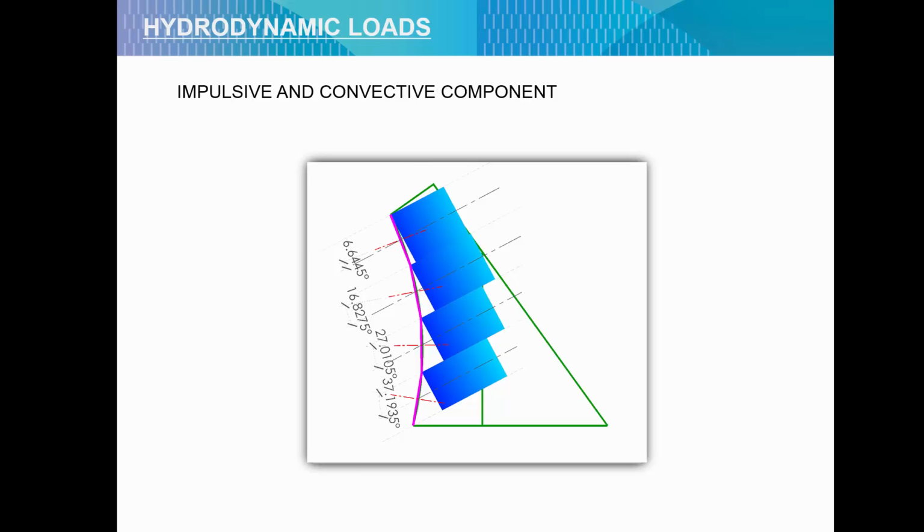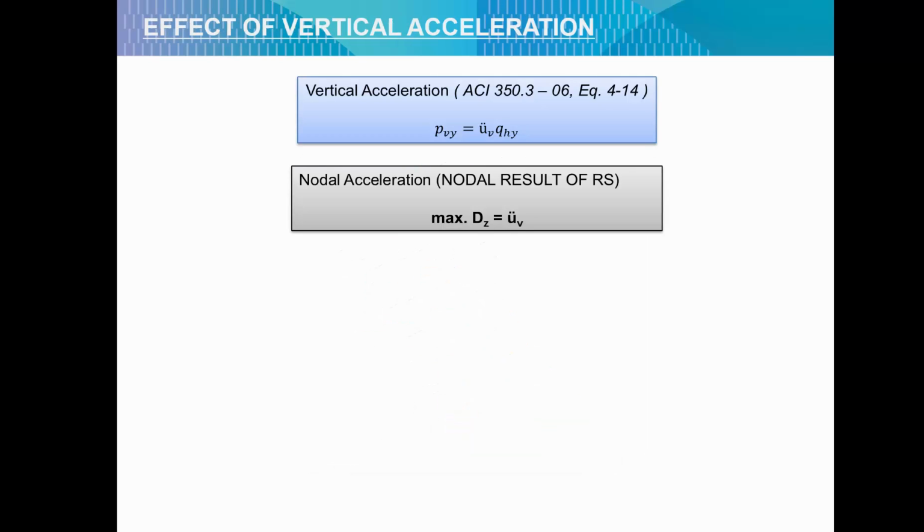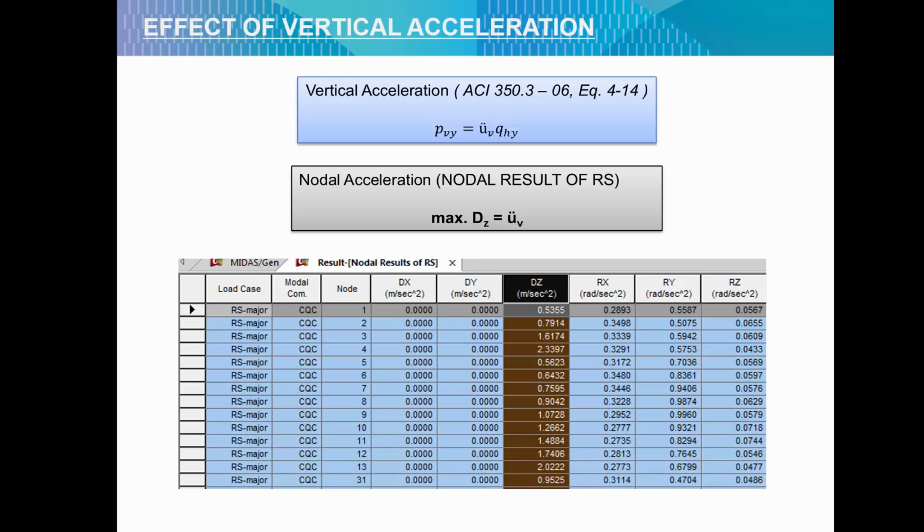Now, after applying the hydrodynamic loads on the walls of the structure, from the results of the response spectrum data, we can get the nodal acceleration. The maximum dz should be equivalent to u sub v. So this value will be multiplied to the hydrostatic pressure for us to get the effect of vertical acceleration on the structure.